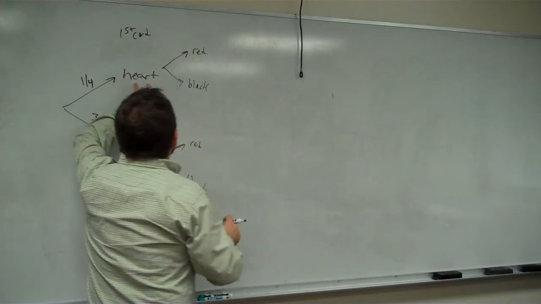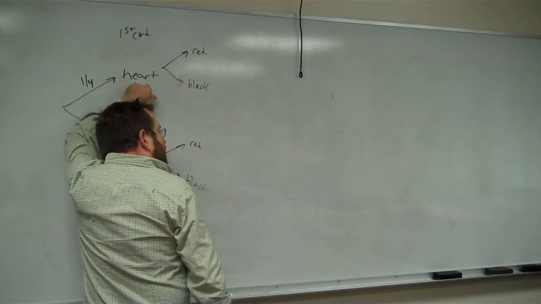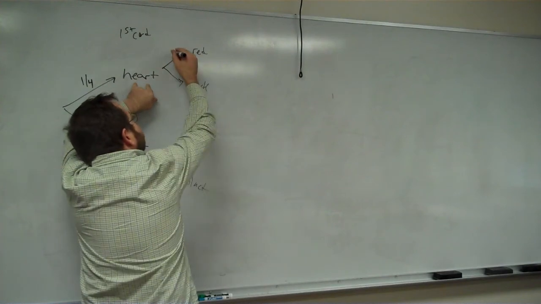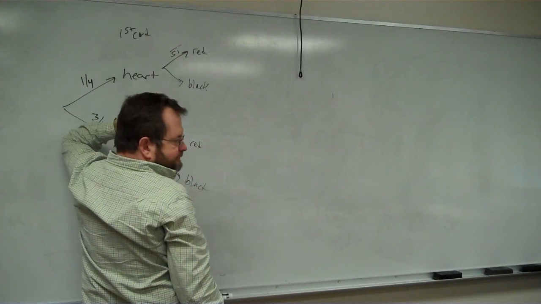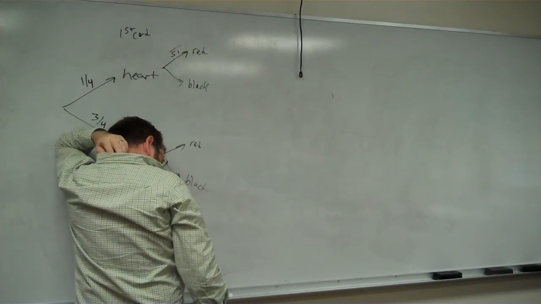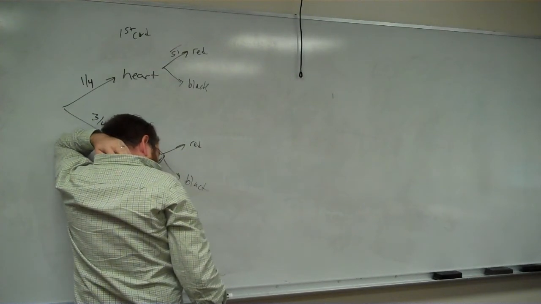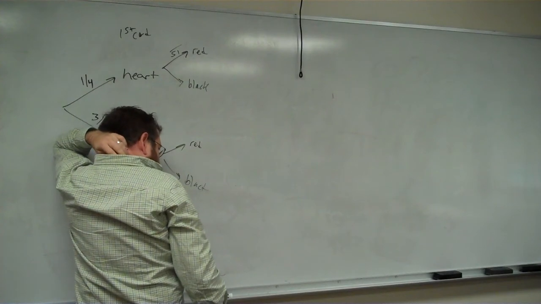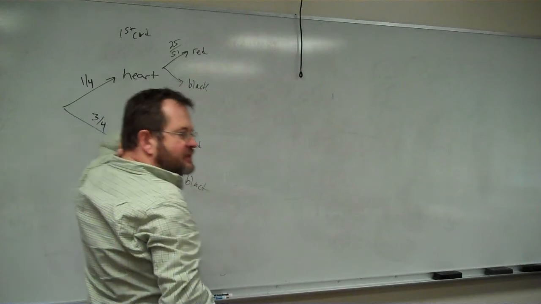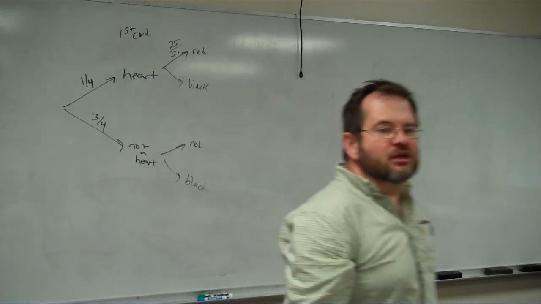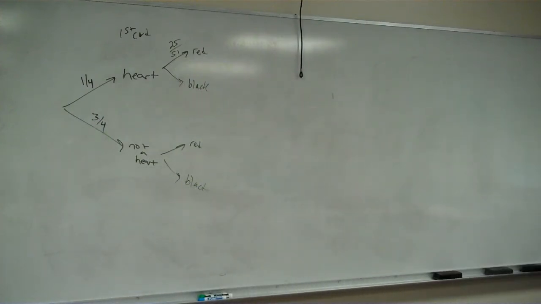If we know that we've drawn a heart, the first card we've pulled out is a heart, there are 51 cards left. How many of them are red? One red card is already missing. 13? No, 25, right? Because the hearts and the diamonds are left. There's 26 hearts and diamonds, but we've already pulled one heart out.